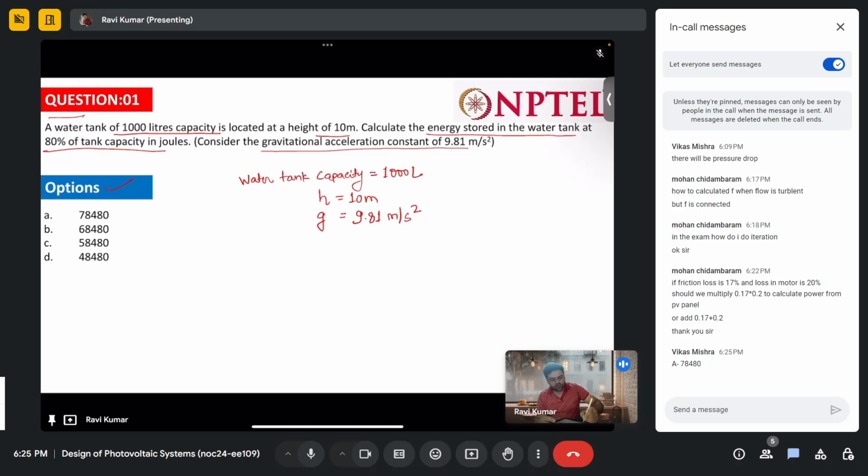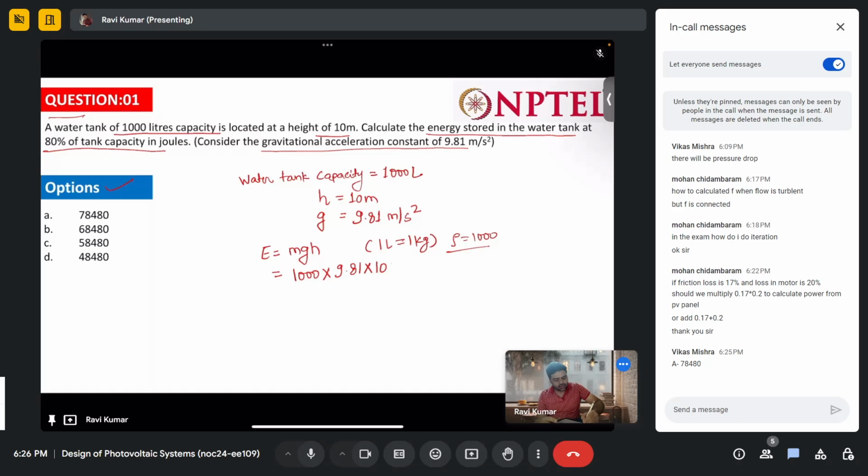Okay, Vikas has given the answer. So we know the energy stored will be equal to mgh. In the case of water, we know 1 liter equals 1 kg, because rho is 1000. So we can take 1000 into 9.81 into h, 10 meter.